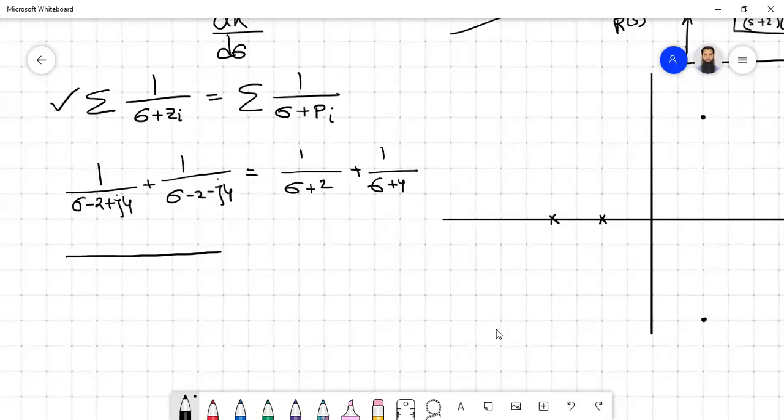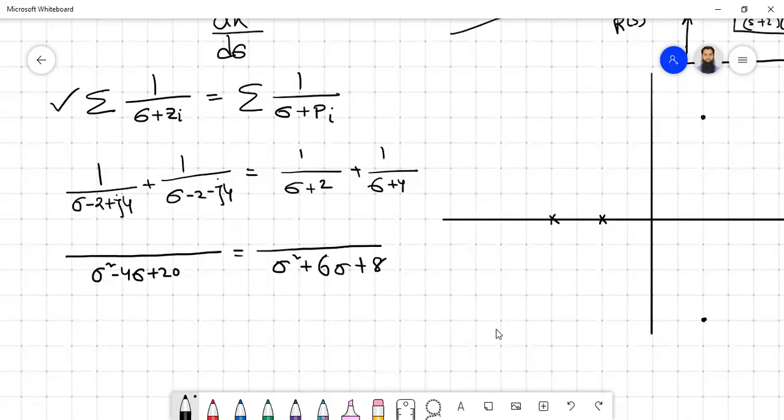So sigma square minus 4 sigma plus 20. Similarly here, if you multiply these two, it will be sigma square plus 6 sigma plus 8. So both of them look alike.